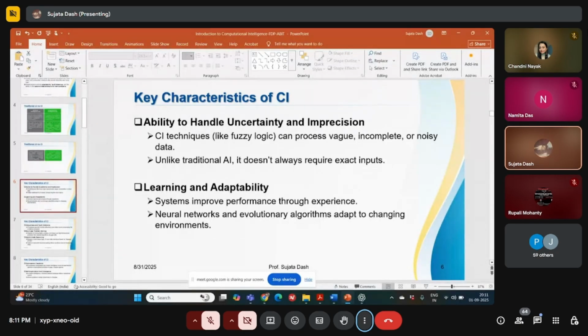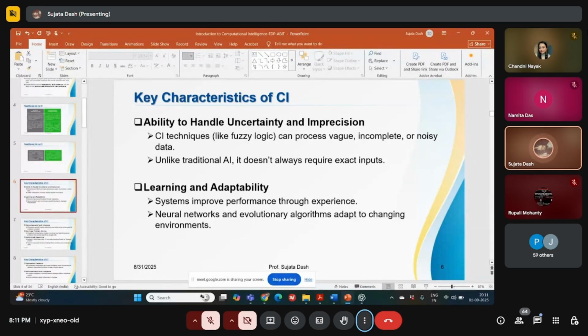For example, when we use a neural network for recognizing an image, it improves at recognizing a face when you provide more images of the face to the neural network system.